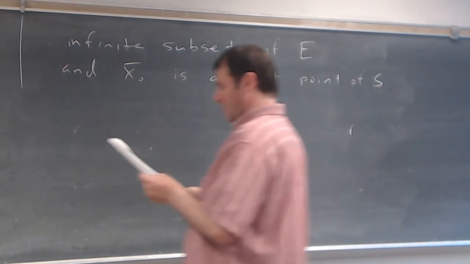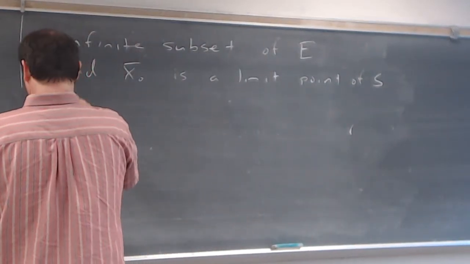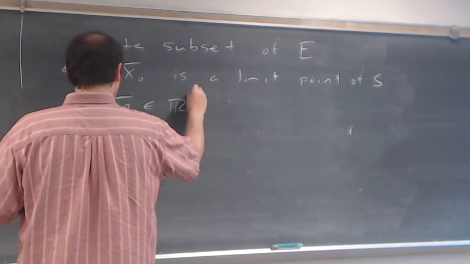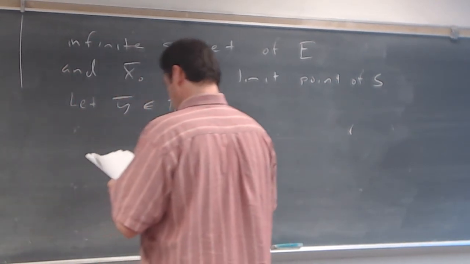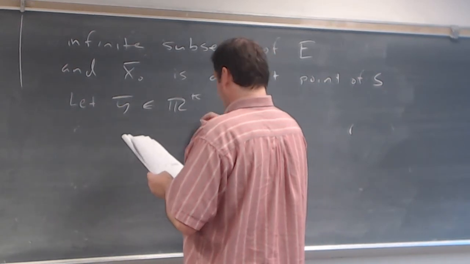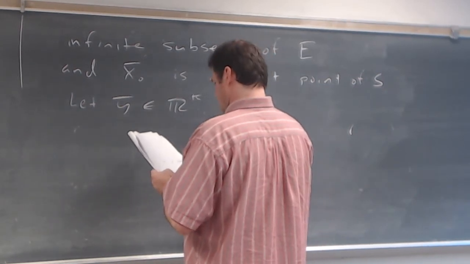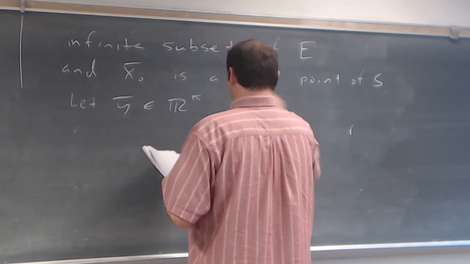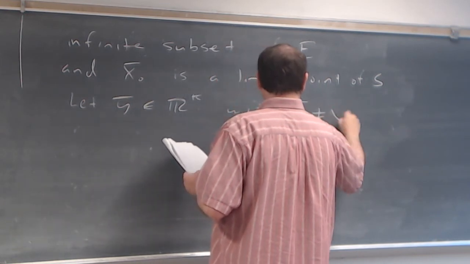Okay. Now, here, we let y be an element of Rk with y being different than x sub naught.